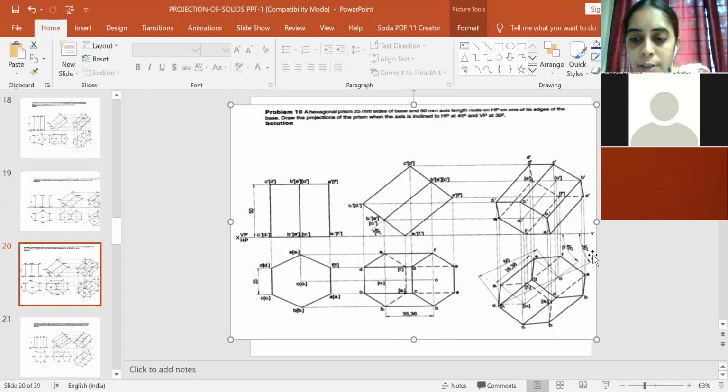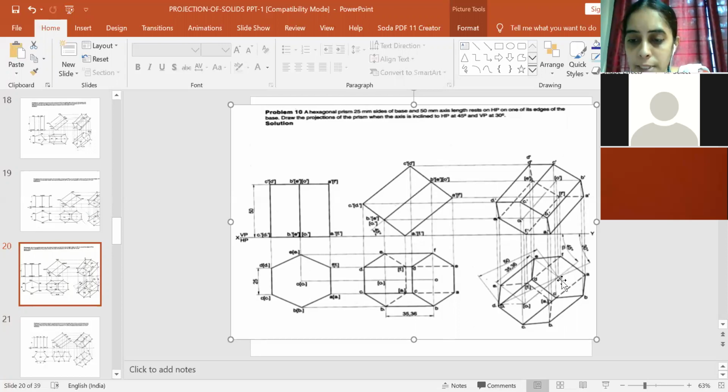So what we do here, first you take 30 degrees to VP. Once you take 30 degrees to VP, you have to fix either O or O1. Please don't fix the point very near to the XY line, because you have to shift the entire top view below the XY line. So leave some distance. This is our 30-degree line.